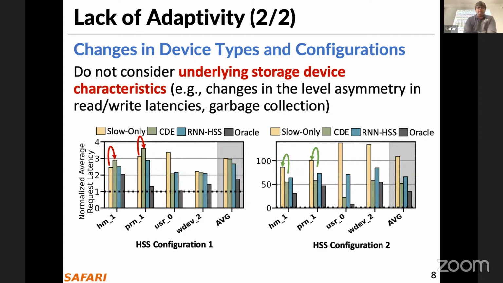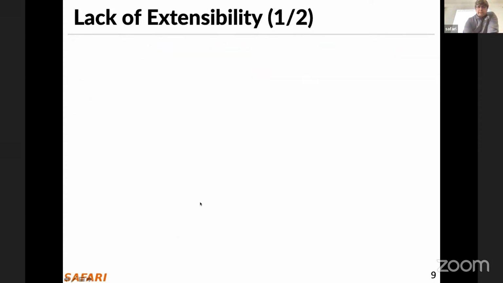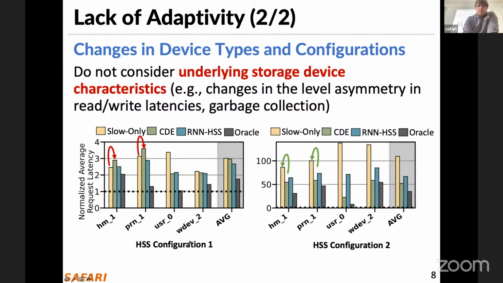So we look at two configurations here, HSS configuration one and another configuration, and we still see the normalized average request latency on the y-axis. Here we also add another policy, which is slow only, which means that all the data that comes from the application is placed on the slowest device.